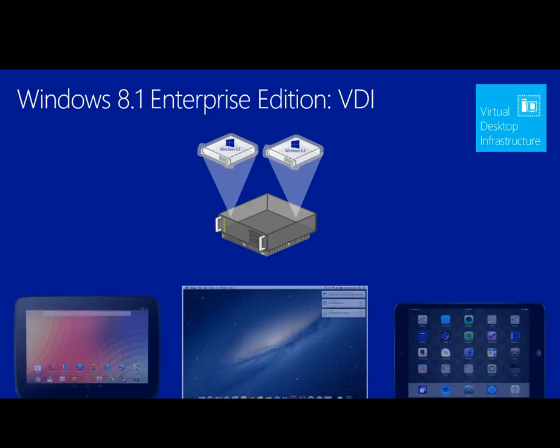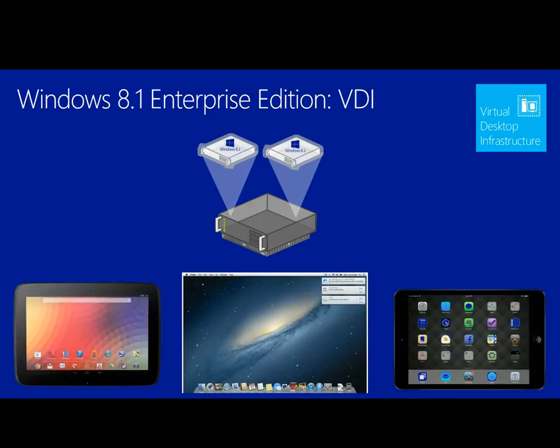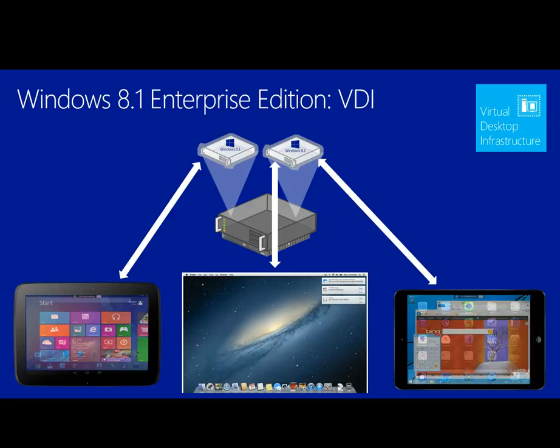Now, let's say you have clients. It could be a Windows 8 machine, or an Android tablet, or a Mac machine, or an iPad. Now, when these machines connect to the server through a remote desktop, you would see Windows 8.1 as if it's installed on your Android or Mac machine, but it's connecting through a remote desktop connection.